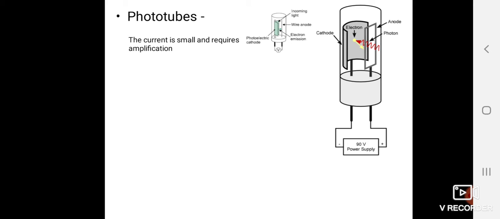It consists of a glass wall through which the light can pass, and it falls onto a cathode, which is actually a curved sheet of light sensitive material applied onto it. When the light hits, it ejects electrons, which are carried to the anode, and then there is generation of current.